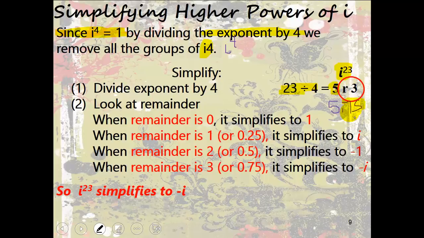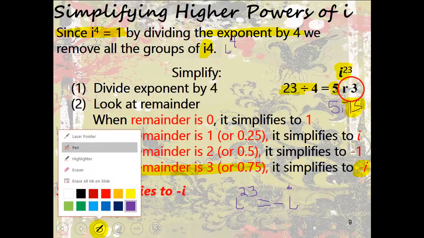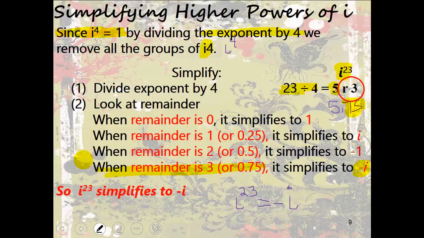If the remainder is 3 or 0.75, then it simplifies to negative i. Okay? I'm going to go through all the other ones. So i to the 23rd is equivalent to negative i. If when you make that division, if you take that exponent and you divide by 4, if the remainder is 0, then all that's left is 1.